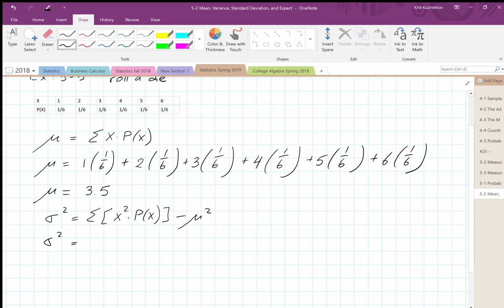So in order for me to find the variance, I need to square each of the x's. So 1 squared is 1, and multiply by its probability, and adding up everybody, except it's not a 2, it's a 2 squared, which is a 4. Taking the next x, which is a 3, squaring it, it's a 9. The next is a 4, squaring it, that's a 16.